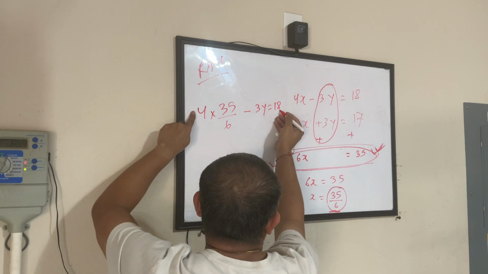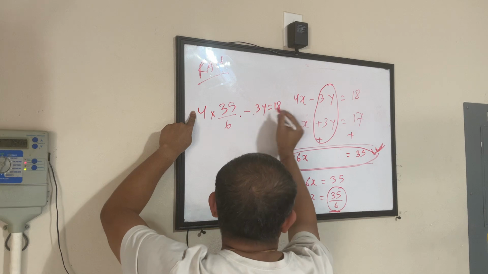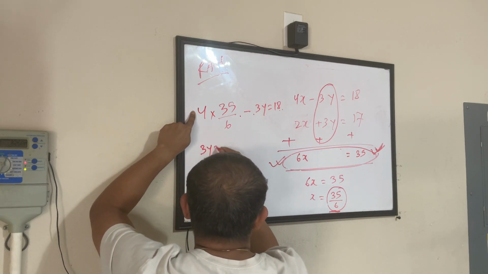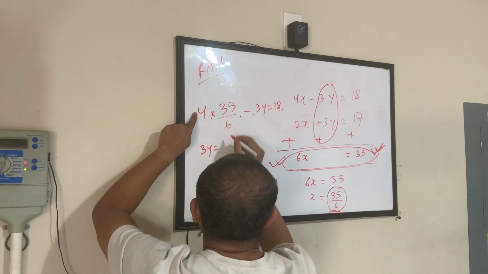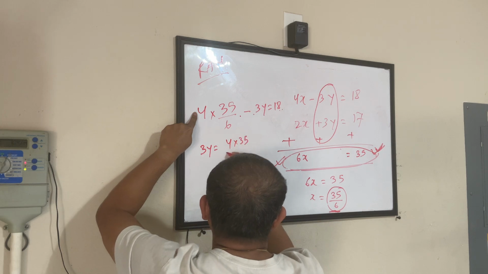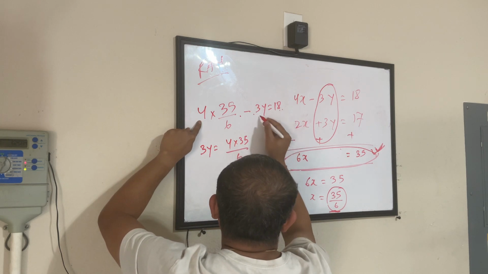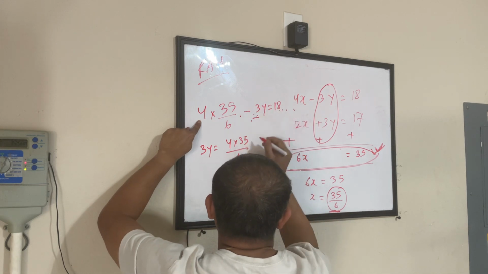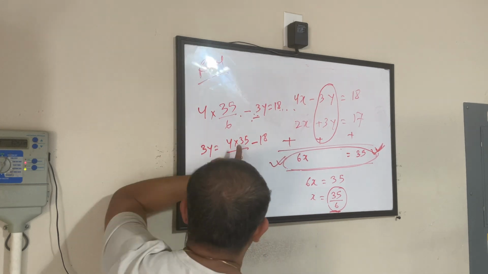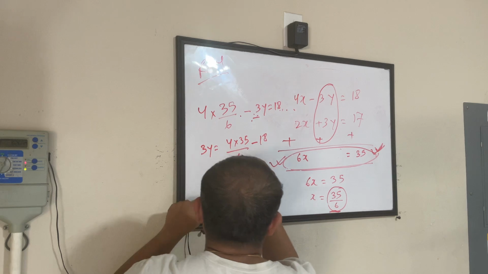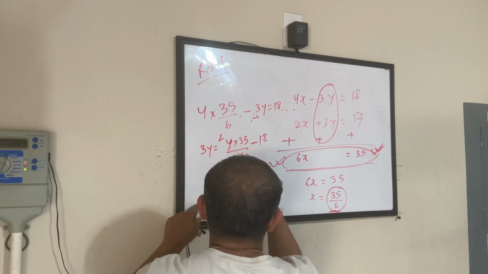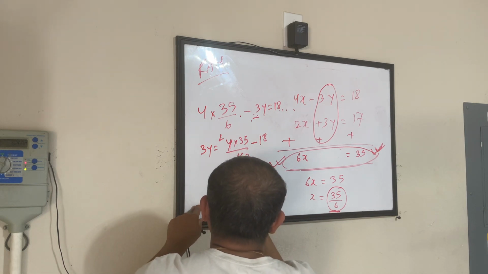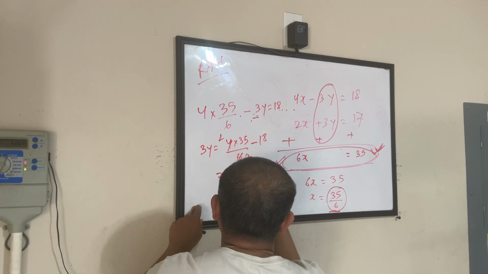That means I can bring this guy here and take this guy this side. So it becomes 3y equal to 4 into 35 by 6. This minus 3y becomes plus 3y when it crosses the border, and this guy becomes negative when it crosses the border. So 2 2 is 4, 2 3 is 6, so 70 by 3 minus 18.